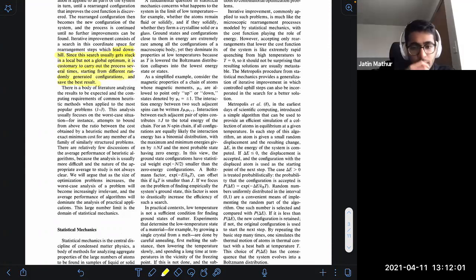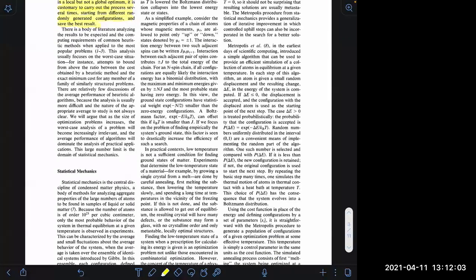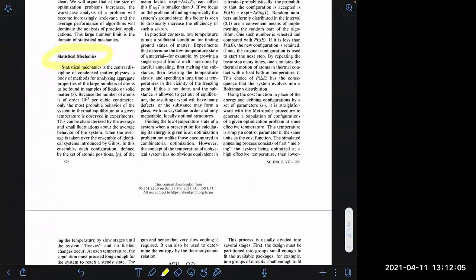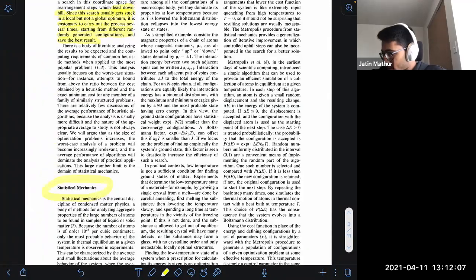Where do you want us to read to? I was reading on my own, until, actually, sorry, up until statistical mechanics. Yeah. I'm almost there. Give me 2 seconds. Sure.